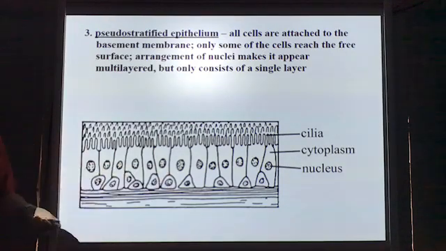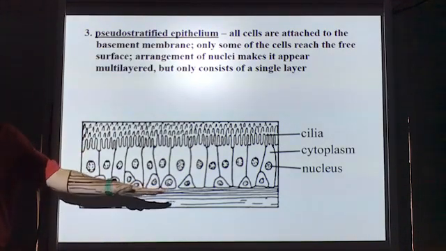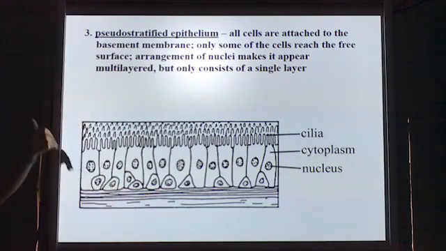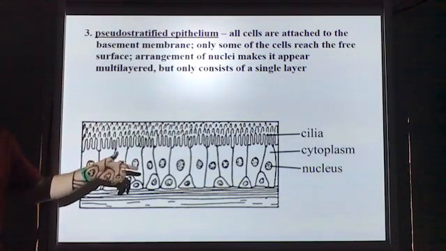But whereas the simple ones, we can clearly see this is one layer of cells. Notice how there's big ones, there's small ones, they're all different heights, but they're all attached here at the basement membrane. We call this pseudo-stratified because it's a fake stratified. It looks like there's lots of layers, but there's really not. A dead giveaway for pseudo-stratified is all these nuclei. These are the little black spots.